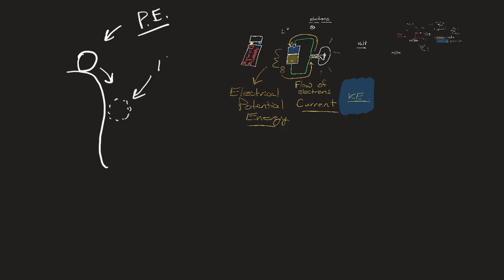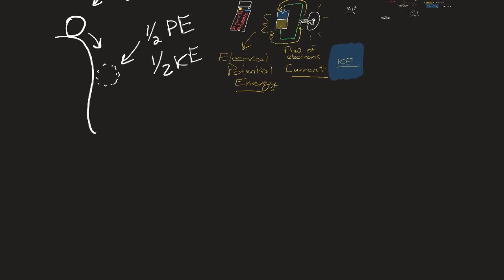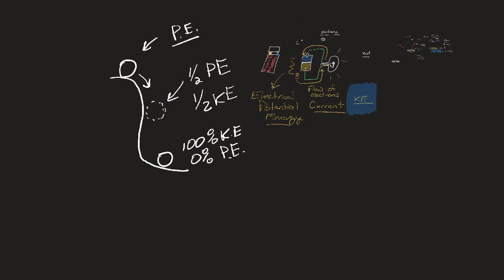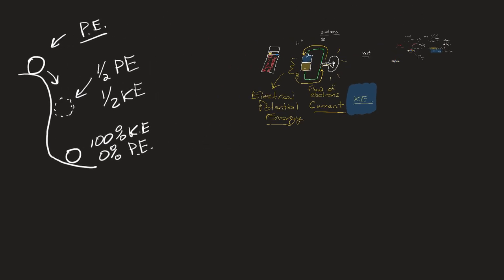About halfway down, half the potential energy is gone, you still have half left, and half the energy is kinetic energy, correct? Then at the bottom of the hill, what do you got? It's 100% what? Kinetic, so it's going as fast as it's going to go, and 0% potential energy because it's at the bottom of the hill, not at the top. Does everybody agree with that?